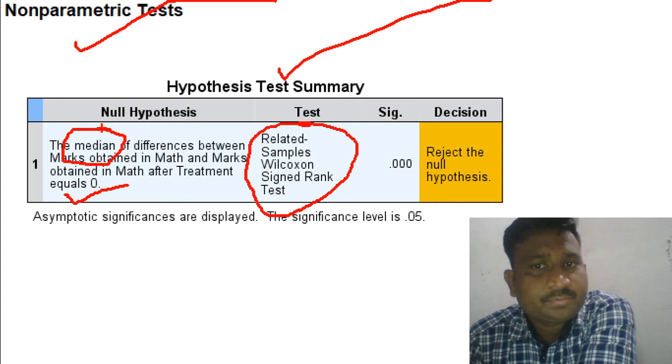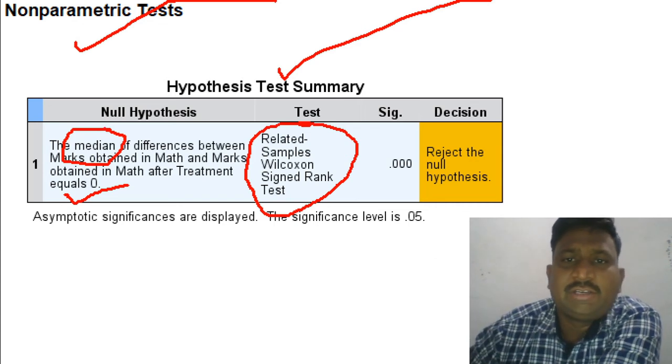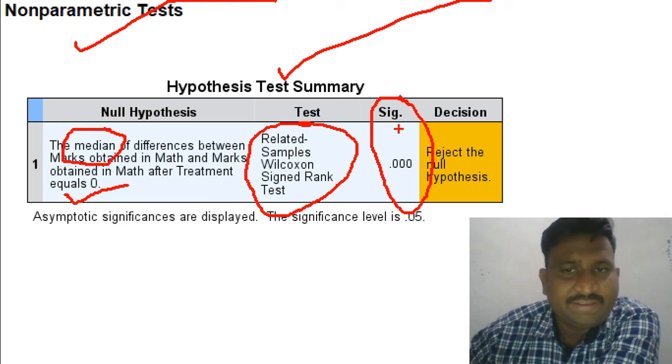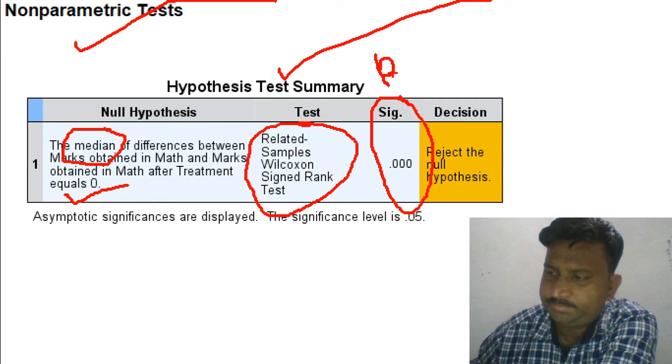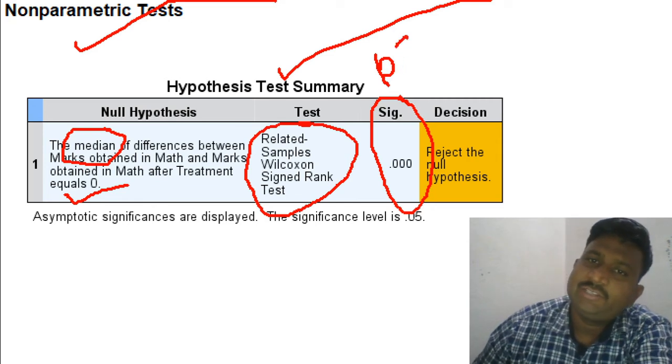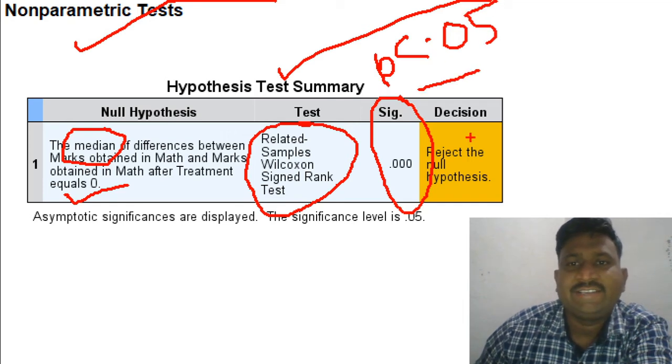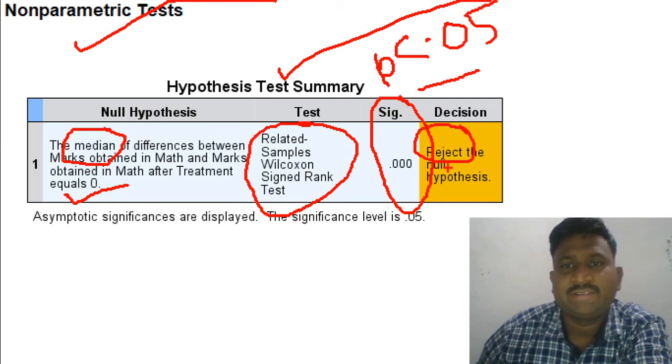So whenever we form a null hypothesis for the Wilcoxon test, I need to form it with the median of differences instead of the mean difference. Again, most of our analysis goes with this significance value, which we call P. If this P is less than 0.05, we reject the null hypothesis. What you can see here: rejected.